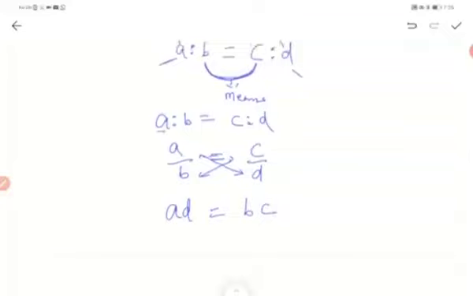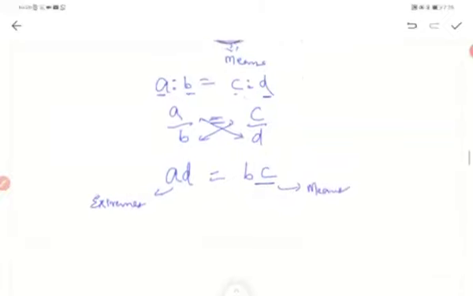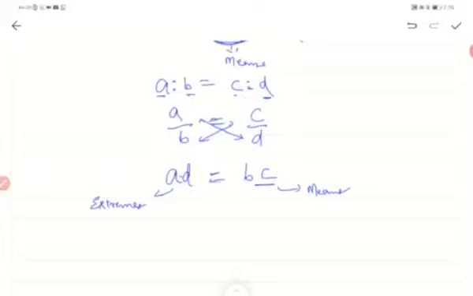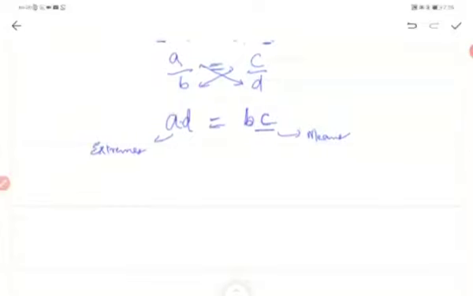So what is A and D? They are extreme terms, isn't it? Extremes. And BC are middle terms, which are called means, isn't it? So the product of extremes is equal to the product of means when the two ratios are in proportion.